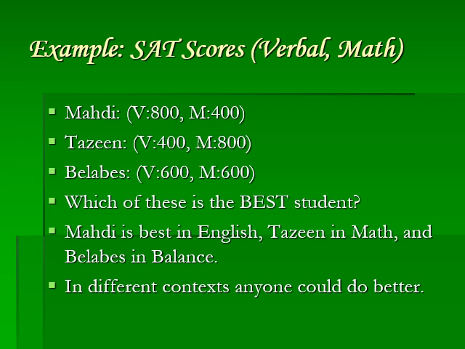Now we can assign weights to these two numbers and add them up. We can just simply add them, in which case all of them will have 1200, so they are all equal. But if I put more weight on math, then Tazeen will come out on top, and Belabas will be second, and Mahdi will be last. If I apply more weight to verbal, then I will reverse this ranking.